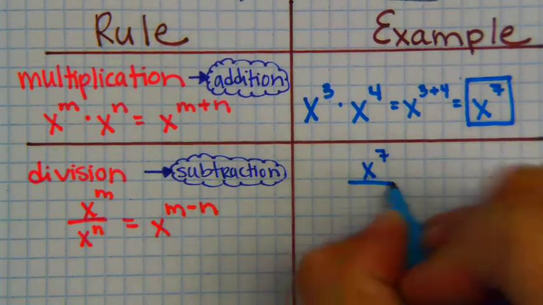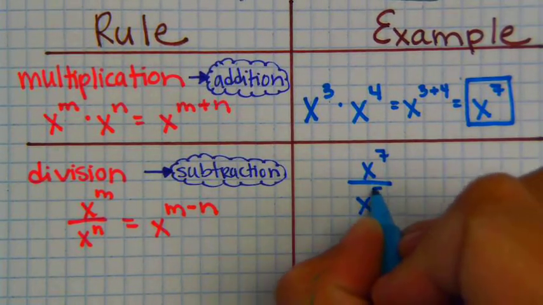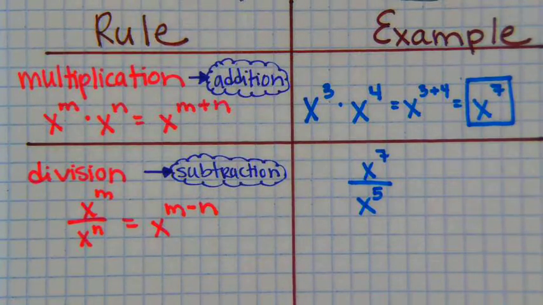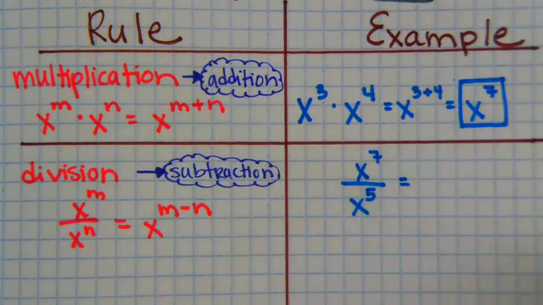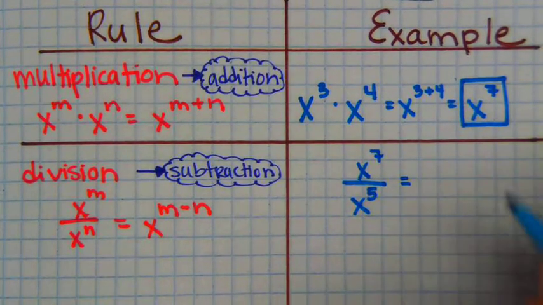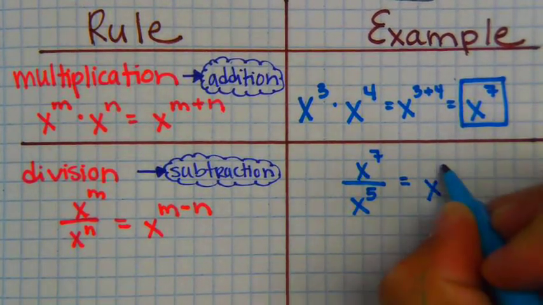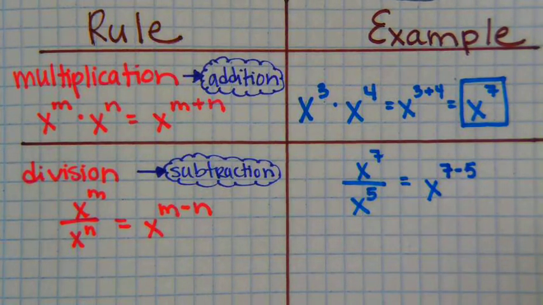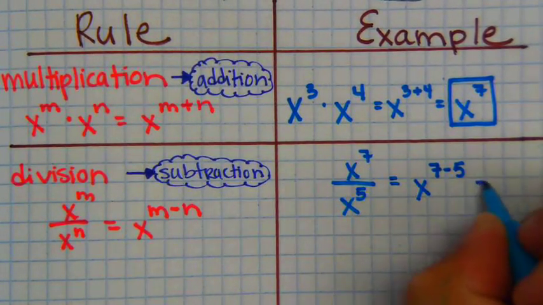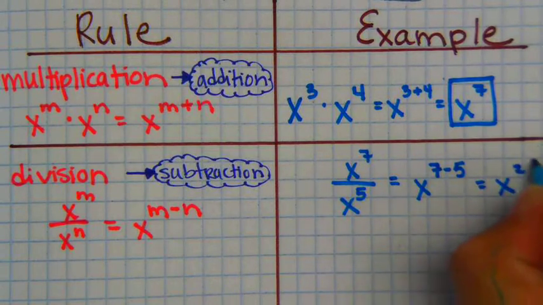As for our example, we'll do x to the 7th over x to the 5th. And that means we'll subtract, x to the 7 minus 5, which would equal x squared.